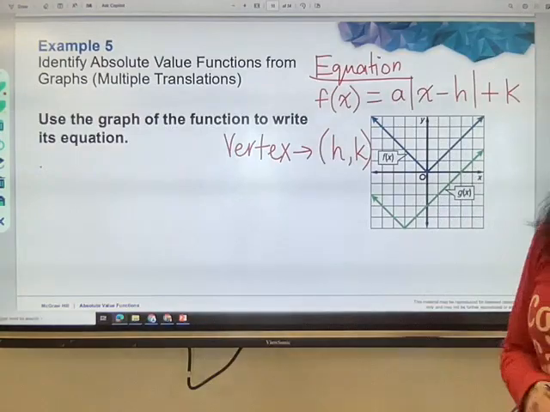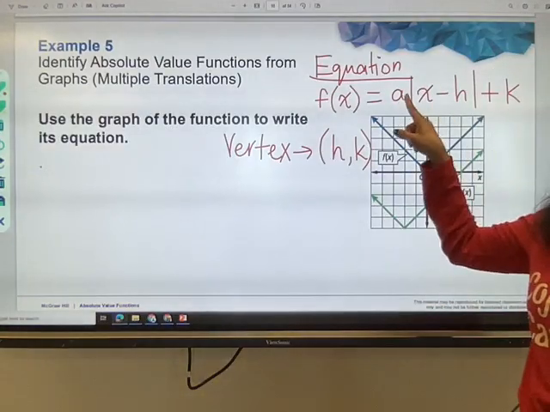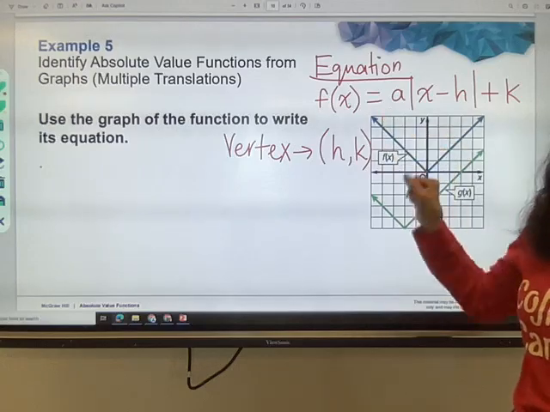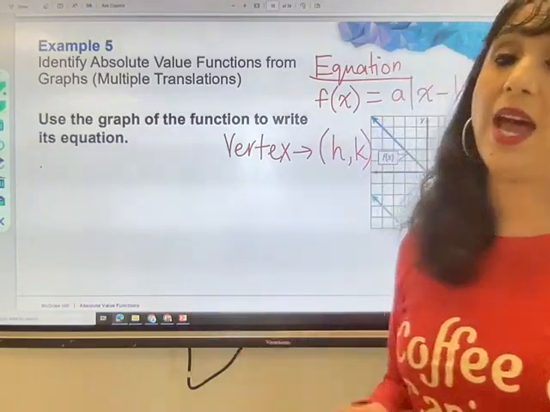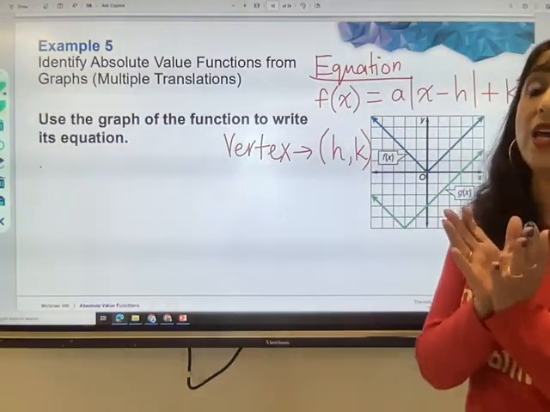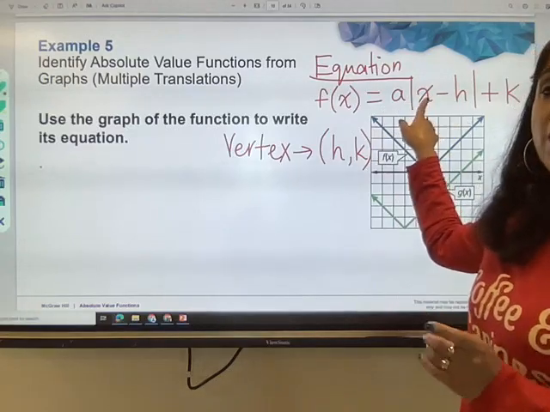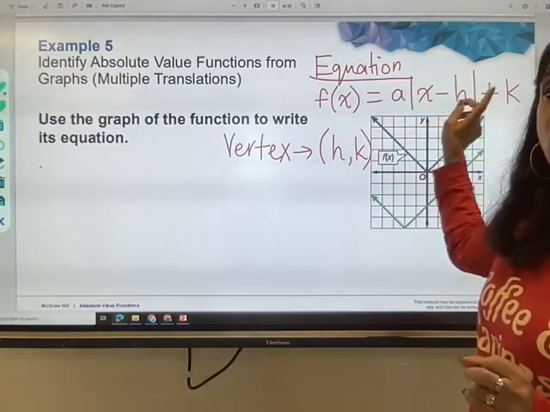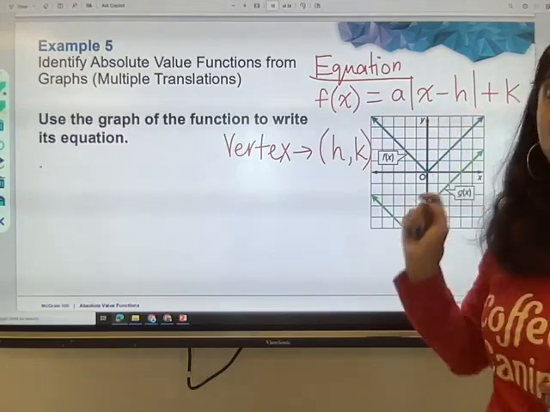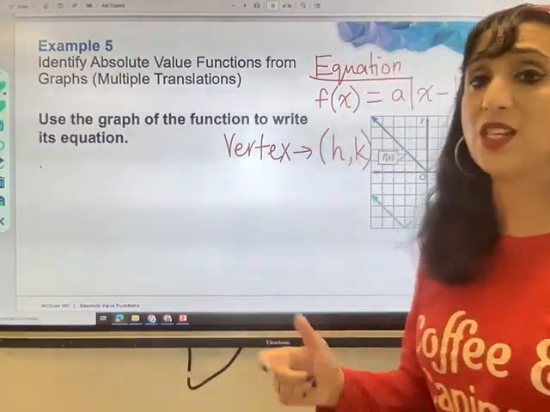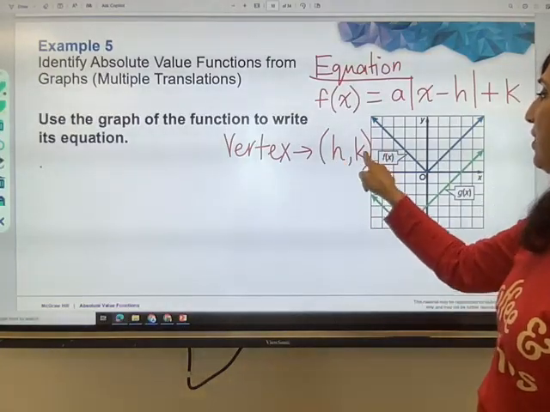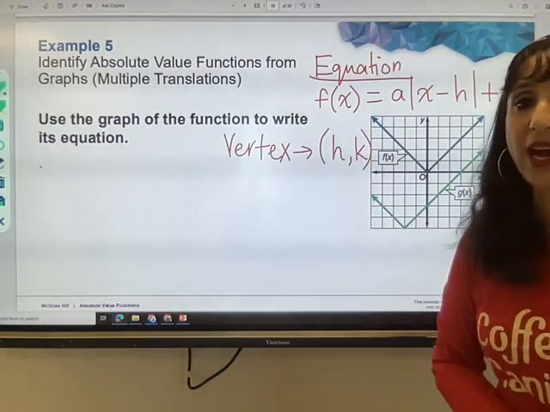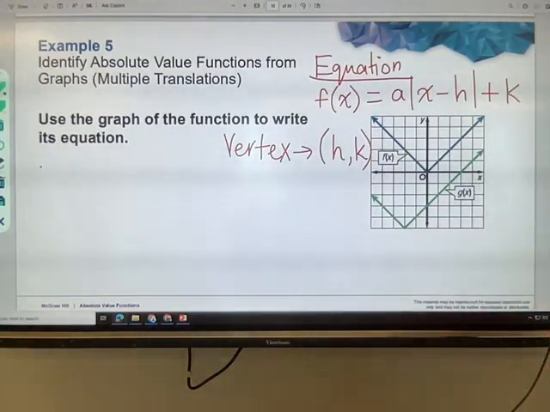So we know that the equation has to be in the format of f of x is equal to a absolute value of x minus h plus k, and the vertex is the constants over there. The h is my x value and k is my y value for the vertex. And so that's why I've written that ordered pair like this, so that you know this h is x and this is y.